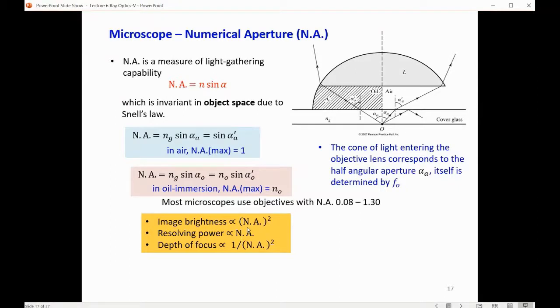This numerical aperture is an important design parameter because it will limit the resolving power as well as the depth of focus, in which case the resolving power will be proportional to the numerical aperture, and the depth of focus is inversely proportional to the square of the numerical aperture.